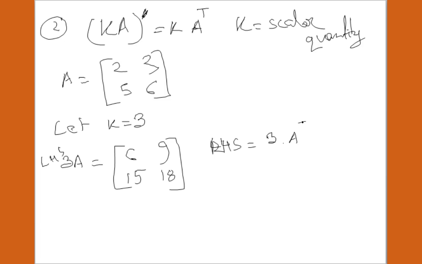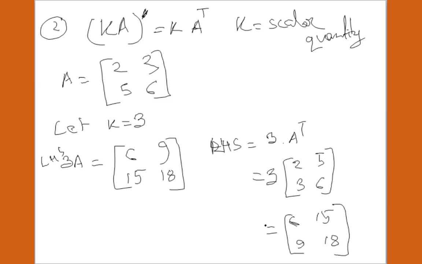3 into A transpose. A transpose: 2 3 becomes a column, hence 5 6 becomes a column. So 3 3s are 9, 3 6s are 18.